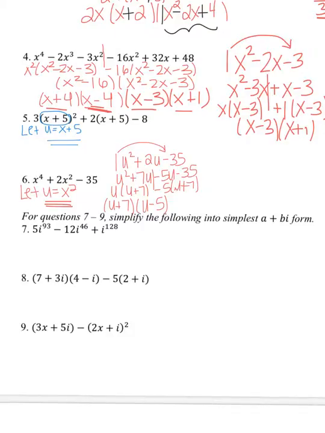So my final answer to number 6 is x squared plus 7 times x squared minus 5. Which you could have gotten just by doing master product and replacing, for example, instead of writing 7x and negative 5x, you would just write 7x squared and negative 5x squared.